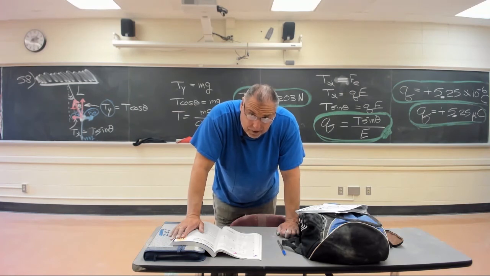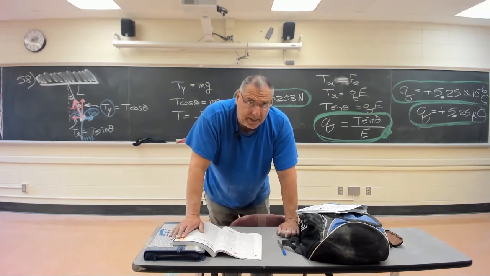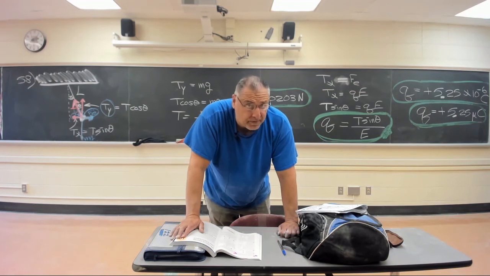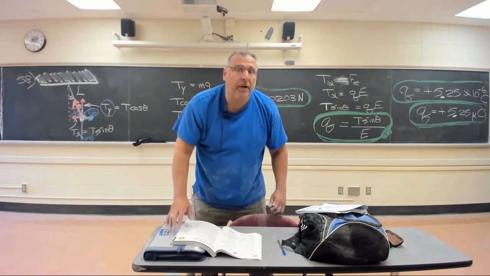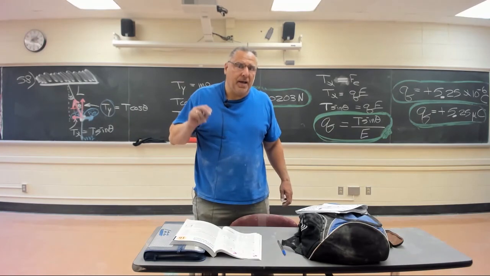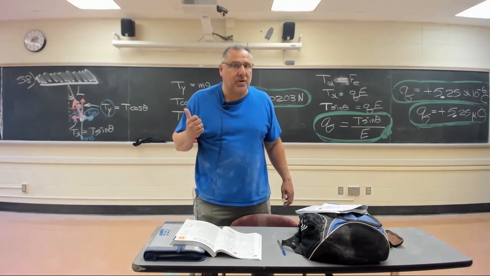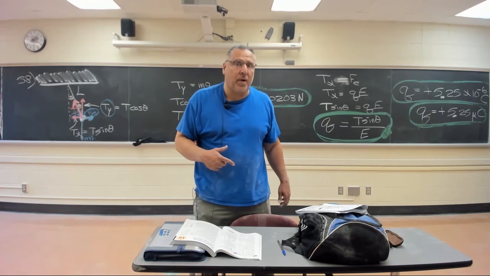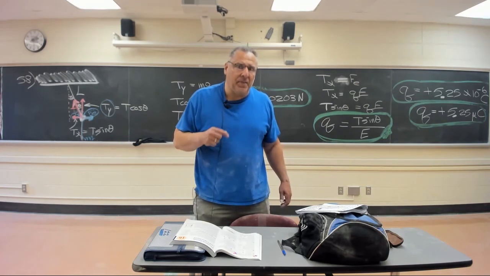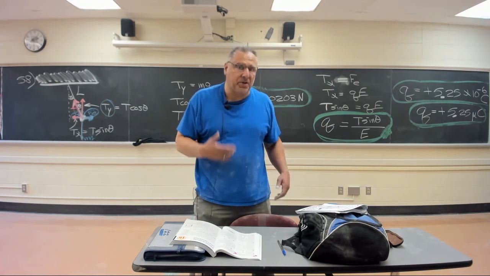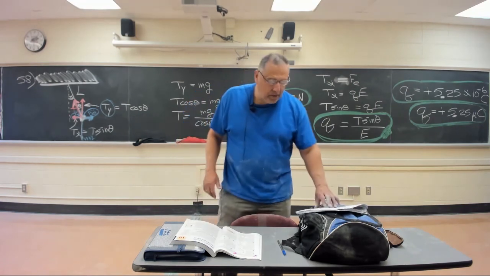We want the E field to point in the same direction as the direction of motion of the electrons, because a positive test charge in that E field would go in the same direction as the electrons are moving, but an electron would go in the opposite direction of the E field. And you want it to go in the opposite direction because you want to stop it. So it's got to be in the opposite direction.